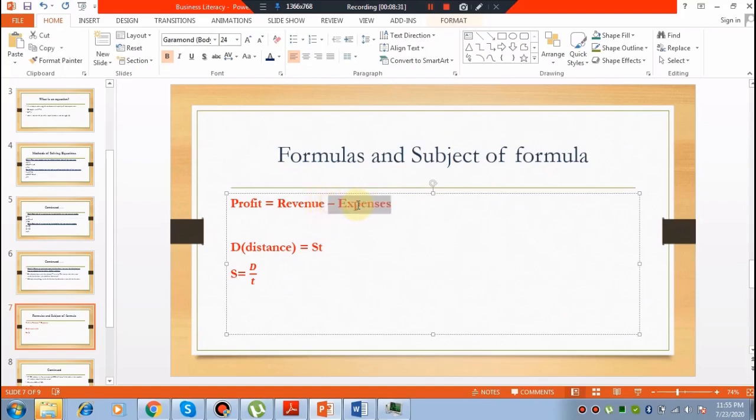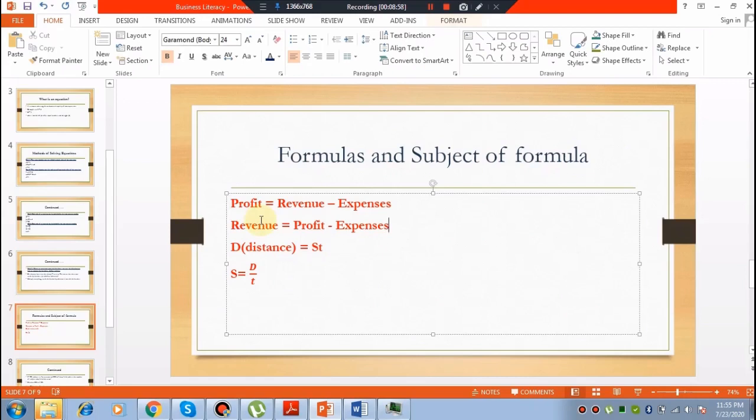Obviously, expenses will come to this side, so the negative becomes a plus. So revenue will now be equal to profit plus expenses. So that will be your answer.